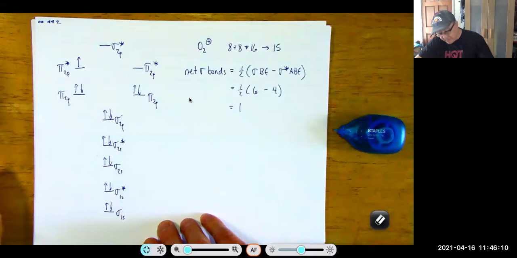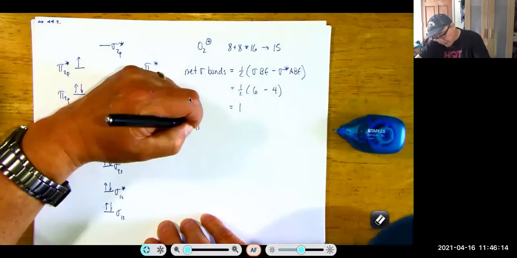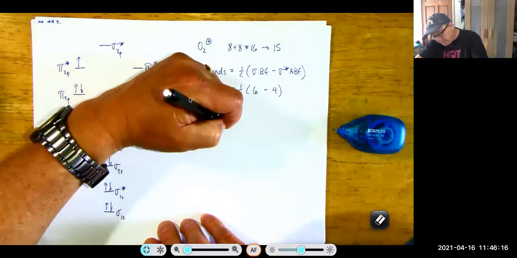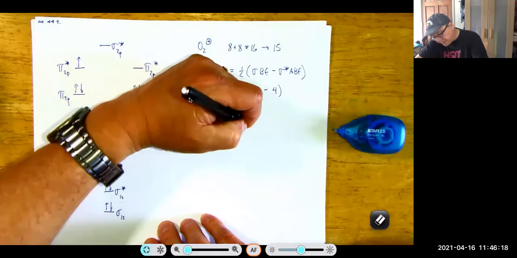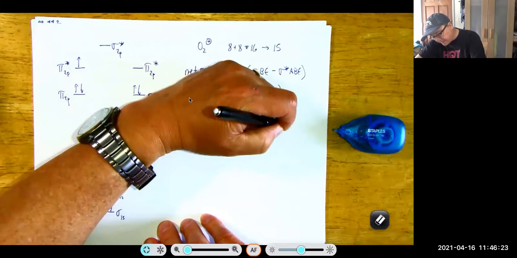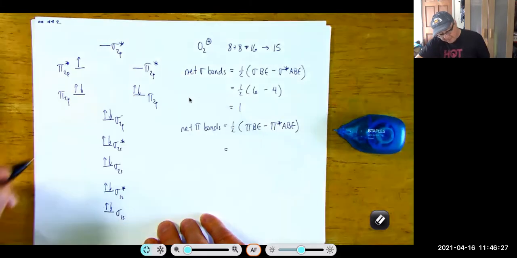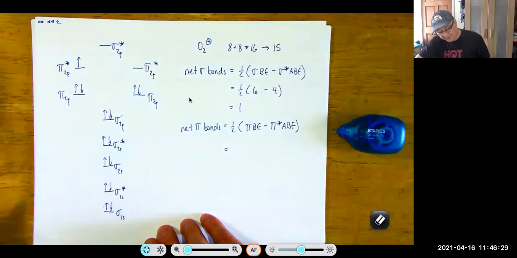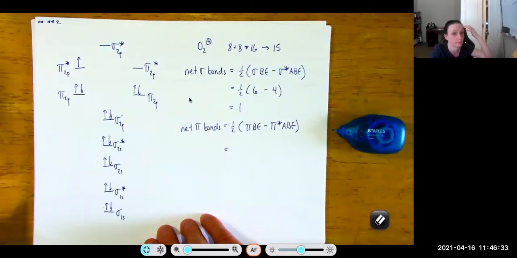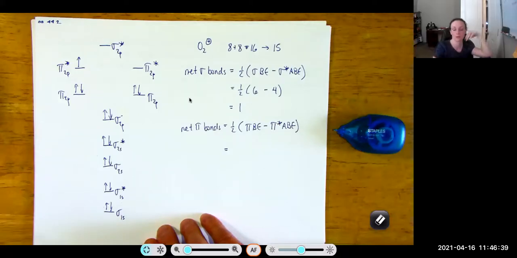Okay. Now let's look at net pi bonds. Net pi bonds are going to be 1/2 of the pi bonding electrons minus the pi star anti-bonding electrons. Okay, how many pi bonding electrons? Where do we find the pi electrons? The outer part.